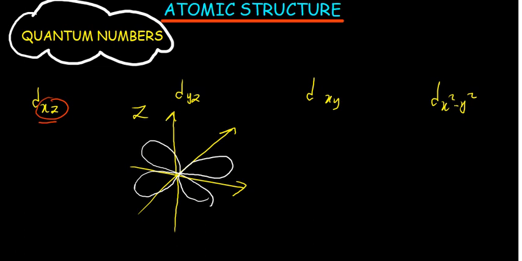So this one which is going up is more like passing through the center, and then it goes up like that. So obviously, if you are talking about dyz, this axis is supposed to be x, because it's the one which is not here.